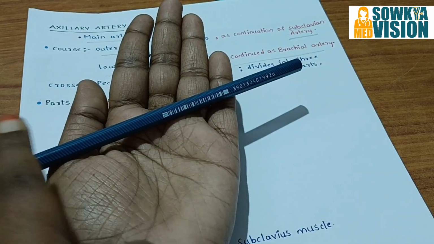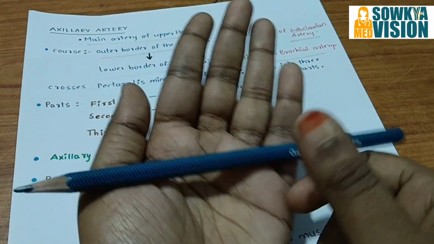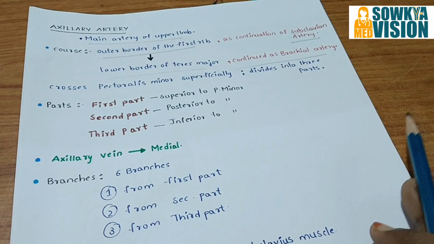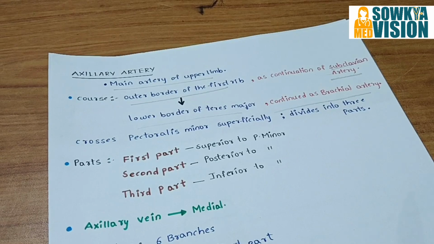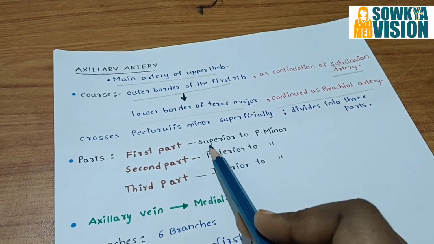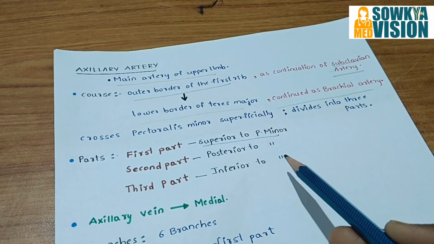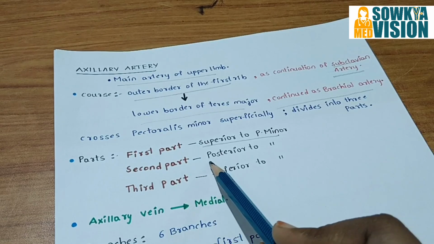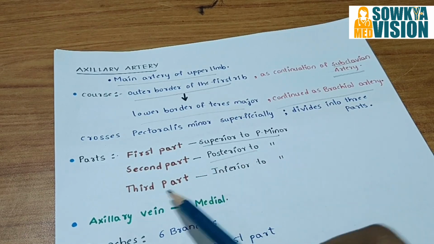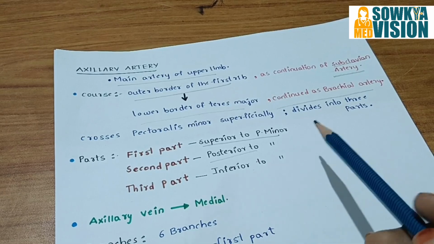First part, second part, third part. The first part is superior to the pectoralis minor, the second part is posterior to the pectoralis minor, and the third part is inferior to the pectoralis minor.